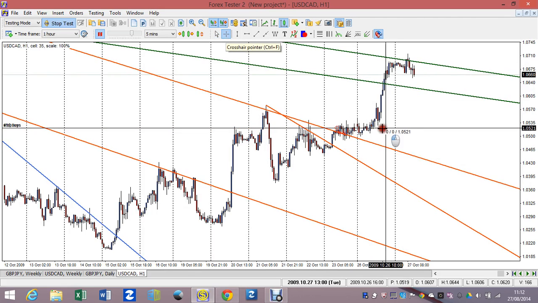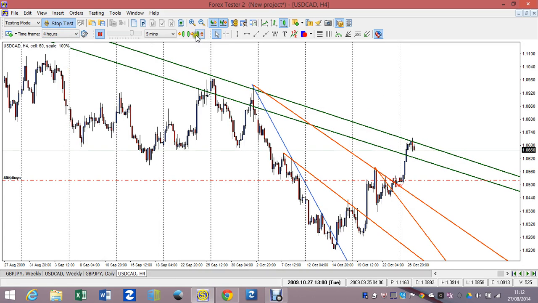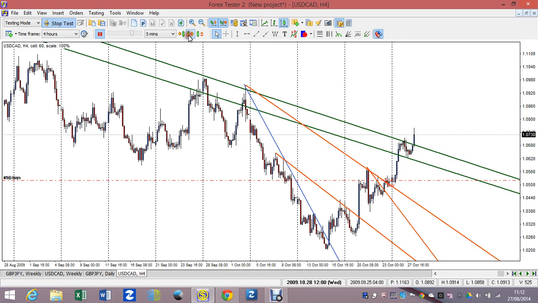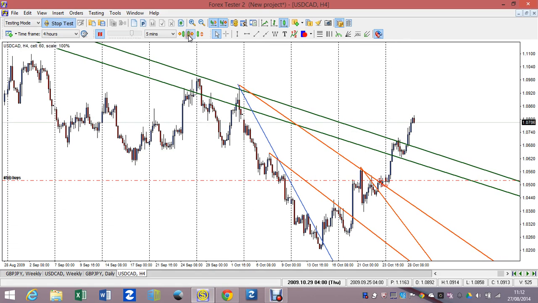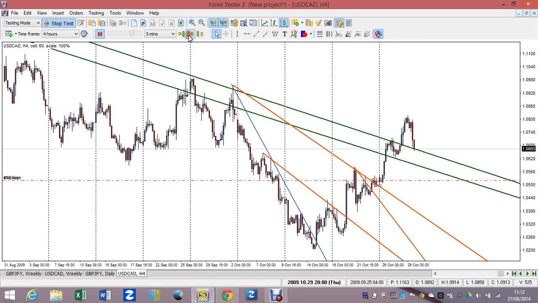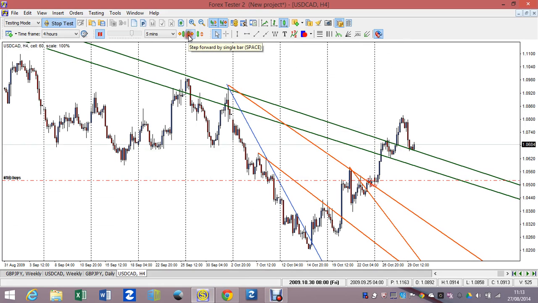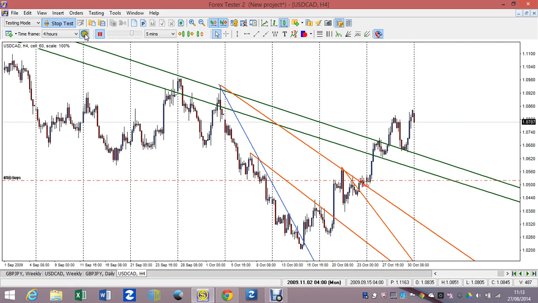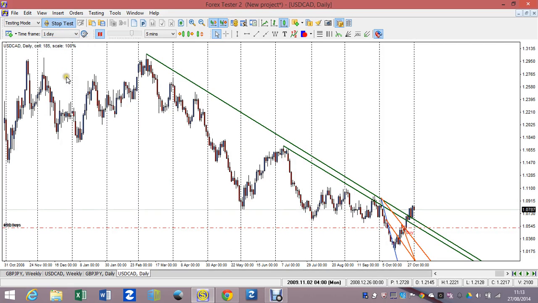There's a 35 pip stop. We're up 138. Not enough yet to be thinking about taking profits, so move on up to the daily.